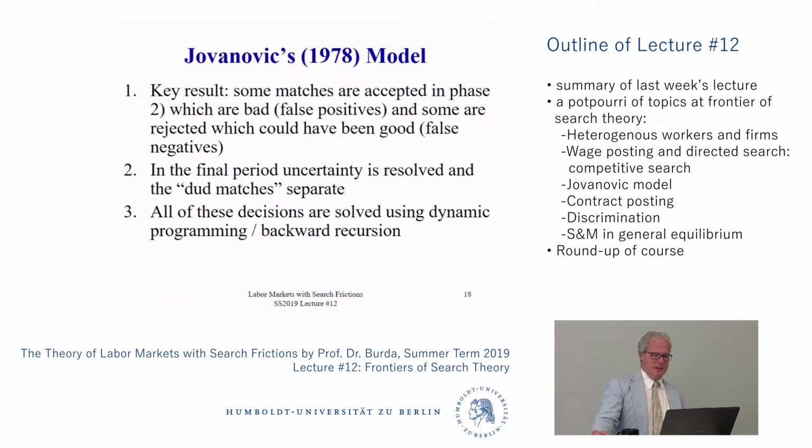Okay, so you're going to basically have false positives and false negatives in this model. You're going to have some matches that are accepted, which if you had known X from the start, you would have said that's a bad idea. And then you might have some matches that were rejected, but could also have worked out had I known the truth.